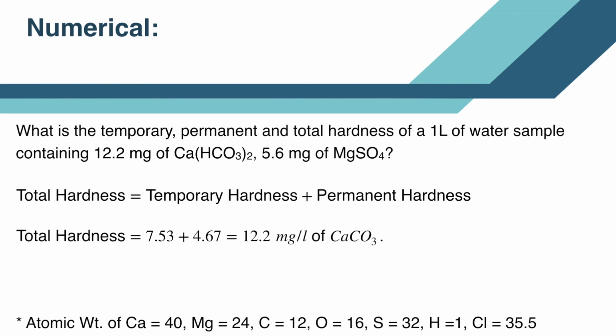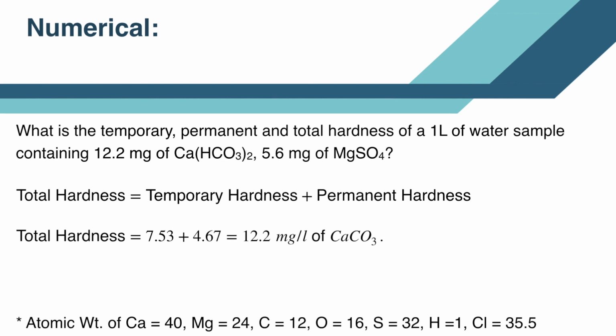So if you boil and filter this water, your temporary hardness will be gone. Only 4.67 milligram per liter of calcium carbonate equivalent hardness will remain in your water sample. If you want to remove this permanent hardness as well, that needs some complicated chemical treatment method.